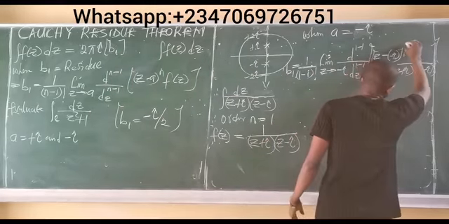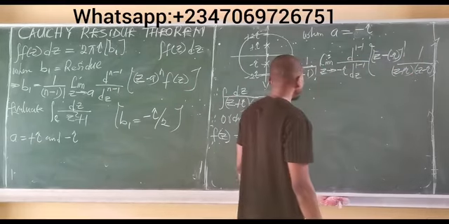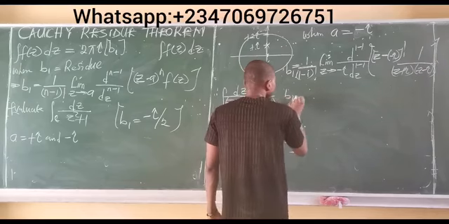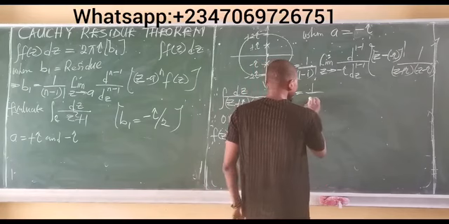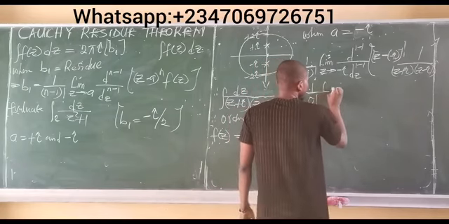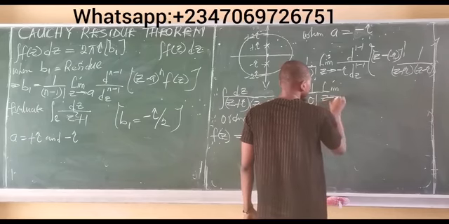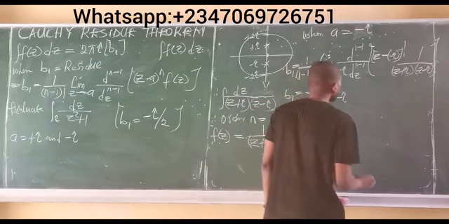So even if you put 1 here, it doesn't change, it remains the same. So b1 is equal to 1 all over 1 minus 1 here is 0. So I have 0 factorial, limit as z tends to minus I.